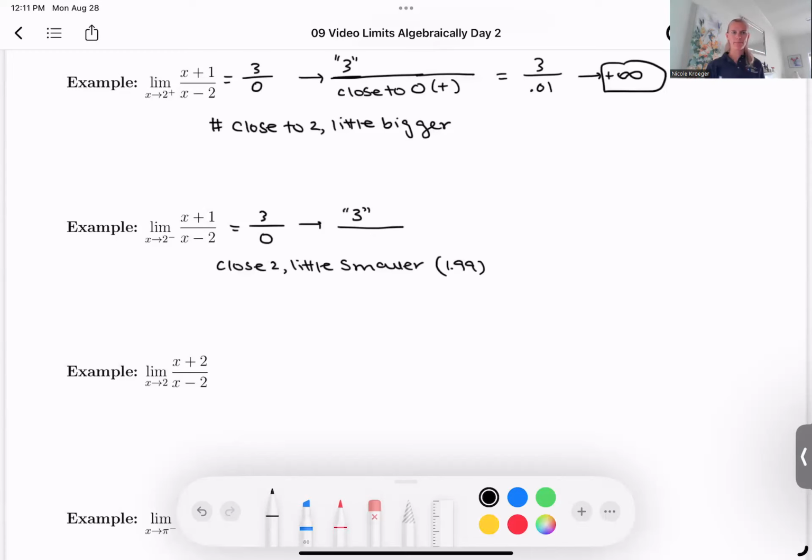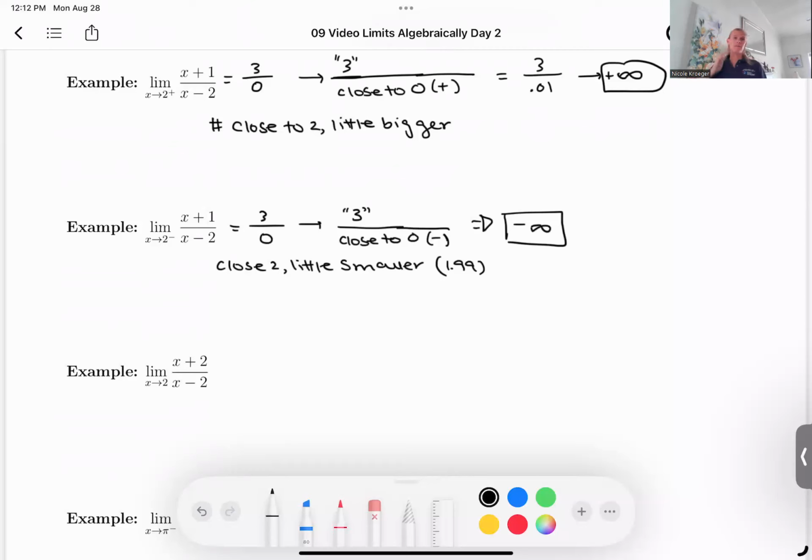It's still essentially positive 3. My denominator is still going to be a number close to 0 because 1.99 minus 2 is still close to 0, but 1.99 minus 2 is negative. So this is a negative number close to 0. So if I do 3 divided by a number really close to 0, this whole thing is going to become a big number, but it's going to be a big negative number this time. So this one is going to approach negative infinity.